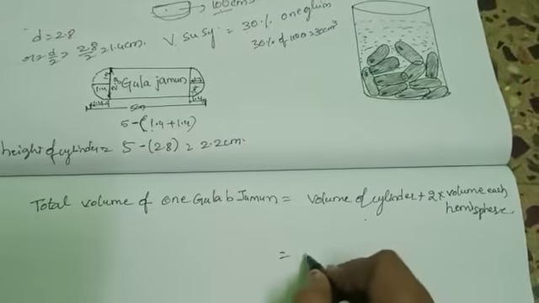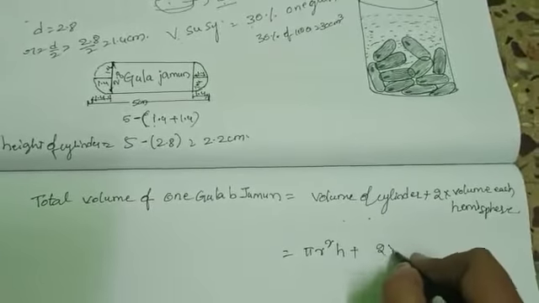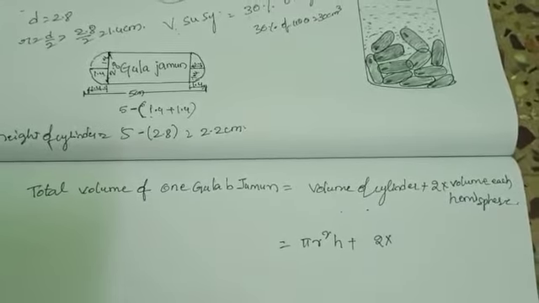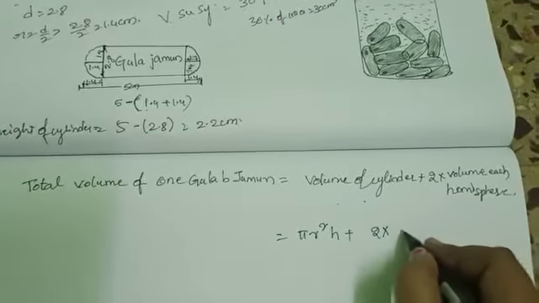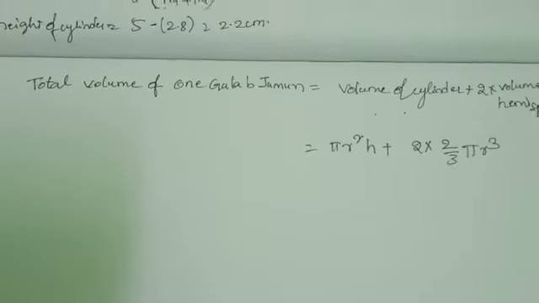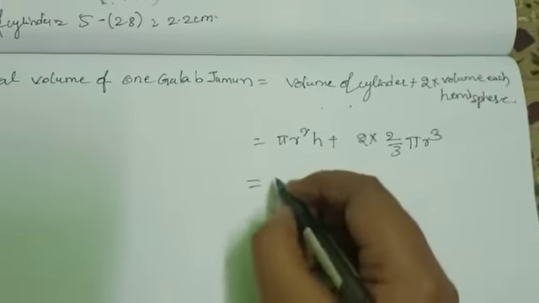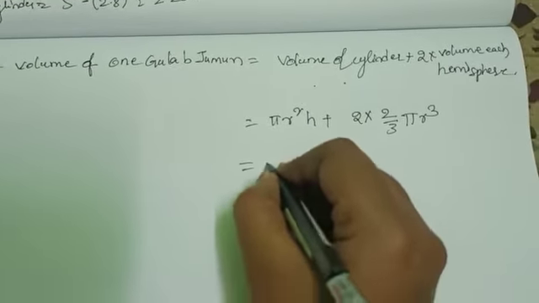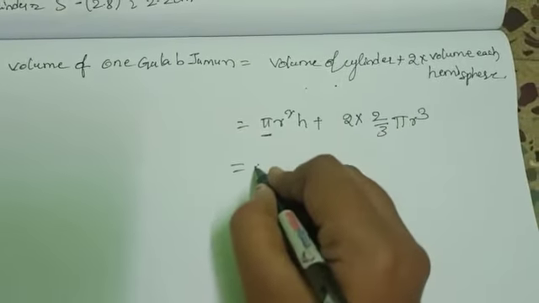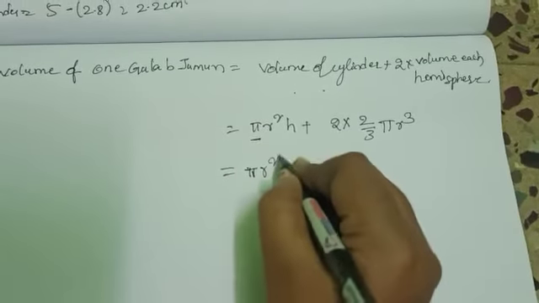Volume of cylinder, the formula is pi r square h. 2 into volume of each hemisphere is 2 by 3 pi r cube. Pi r square is common.